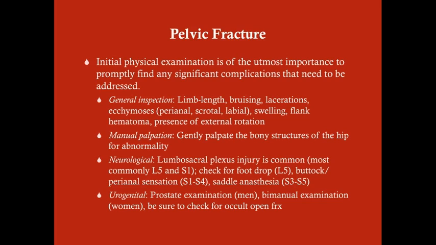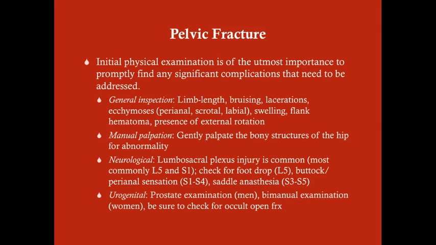S2, S3, and S4 damage can be noted if there's any kind of loss of rectal tone, and that's supplied by the pudendal nerve. S2, 3, 4, get your pants on the floor. The pudendal nerve supplies some of your genital nerves, and it also supplies the rectal tone. And then saddle anesthesia, that's more indicative of lower sacral damage, so S3 through S5.